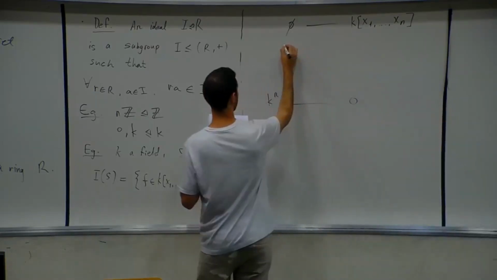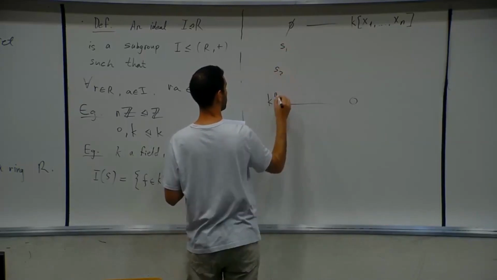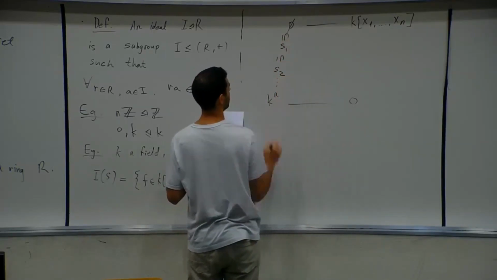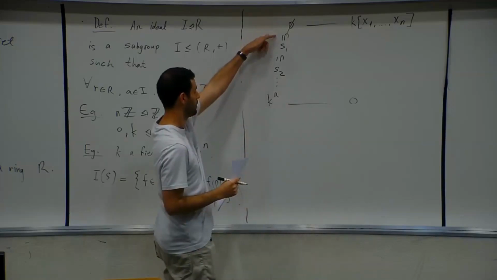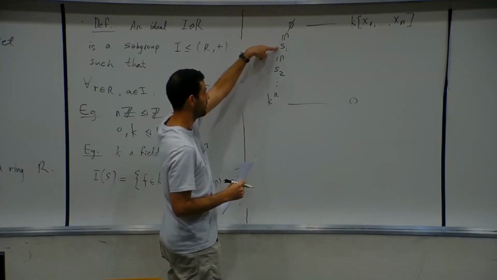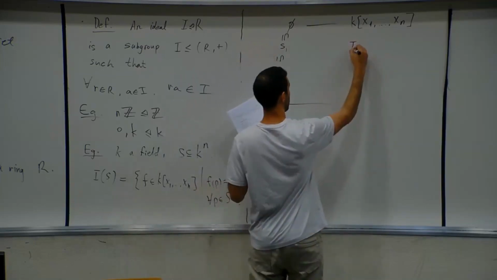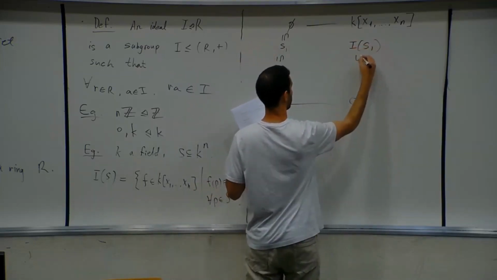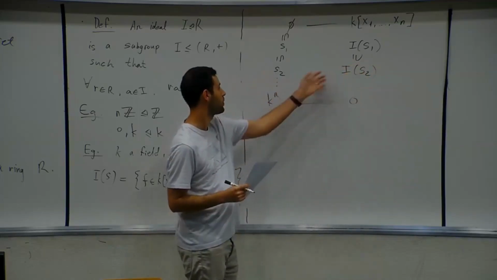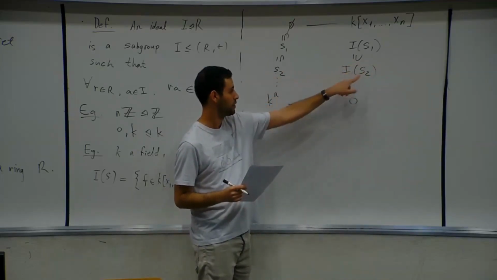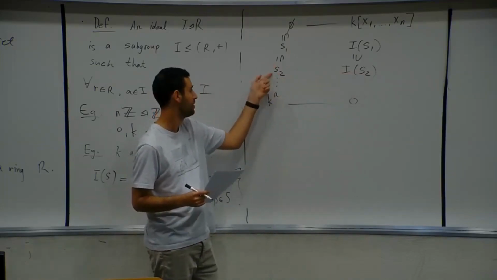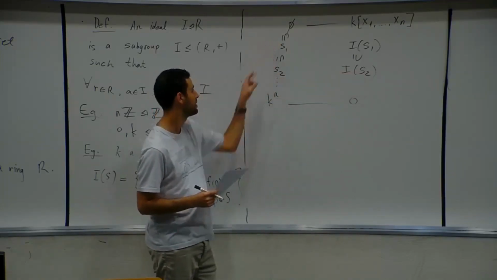And in general, if S1 is contained in S2, then the ideal of S1 contains the ideal of S2, right? Of course, if f belongs to the ideal of S2, then it vanishes on all the points of S2, and then obviously it vanishes on the subset.